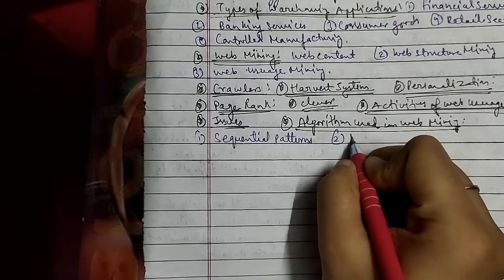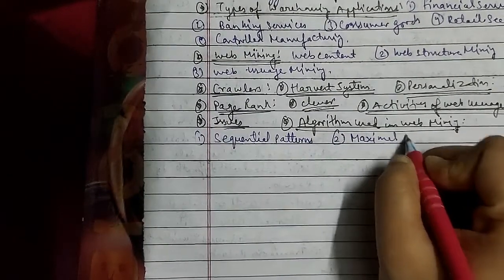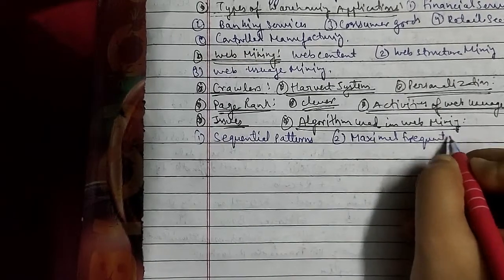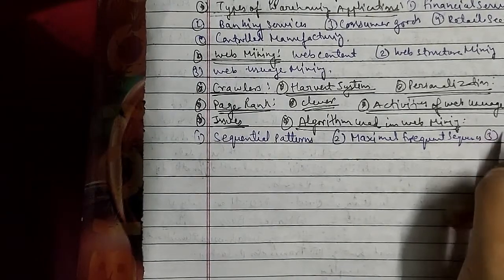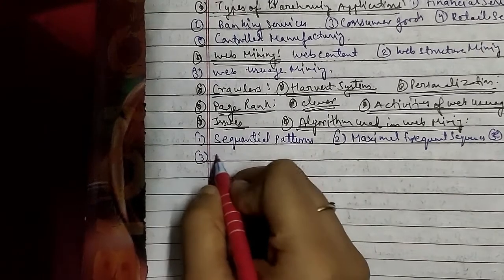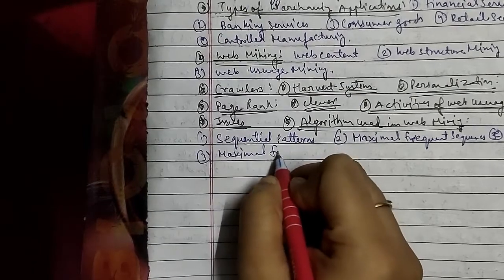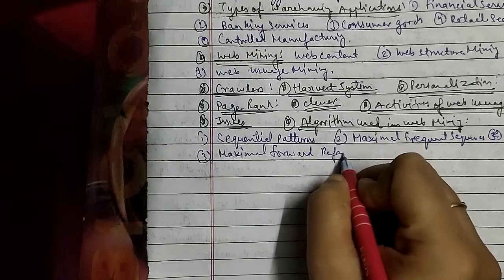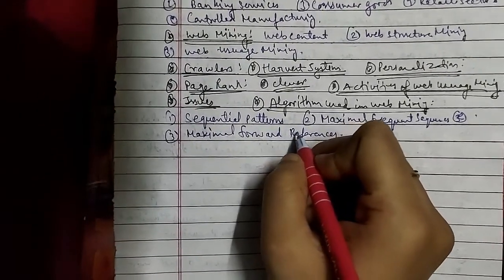Second is maximal frequent sequence. Third is maximal forward references. Now we'll go ahead with the details about it.